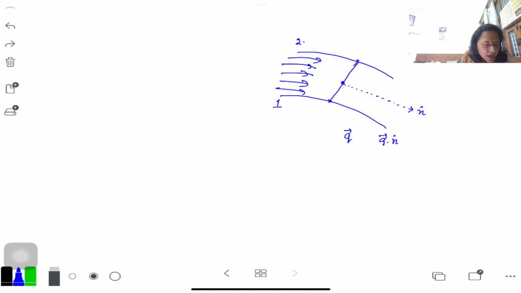At this point I call the surface area of this ds, and so I may consider a length in x direction and length in y direction. Suppose this is x direction and this is y direction, and accordingly let it be dx, let it be dy, and let it be ds, right?